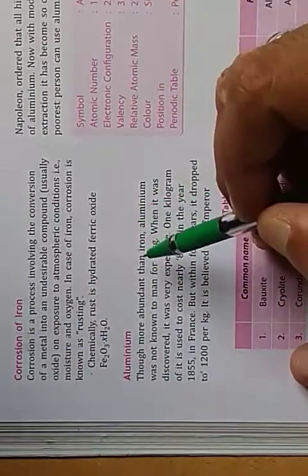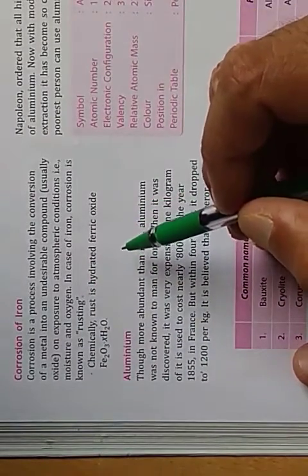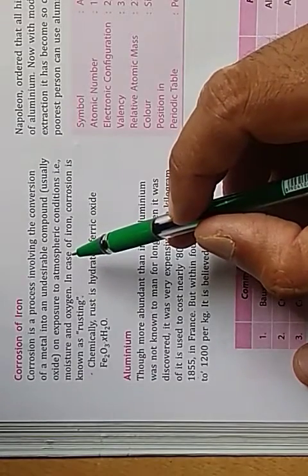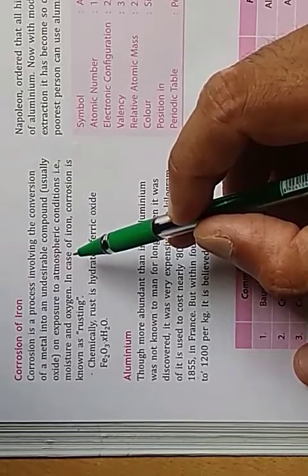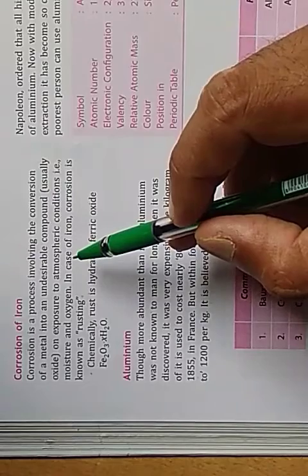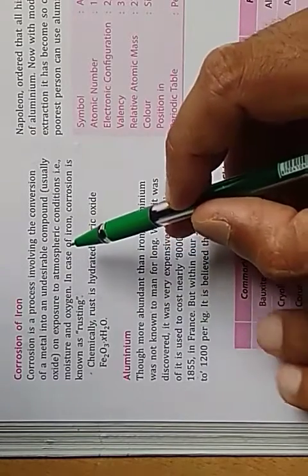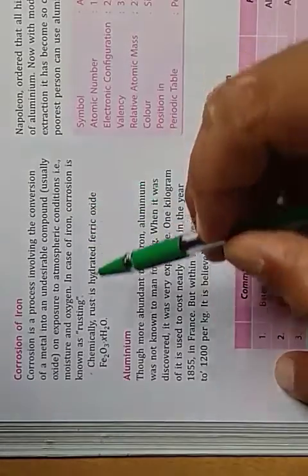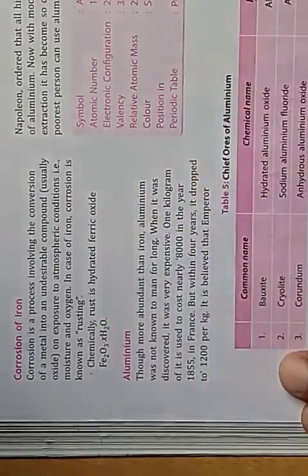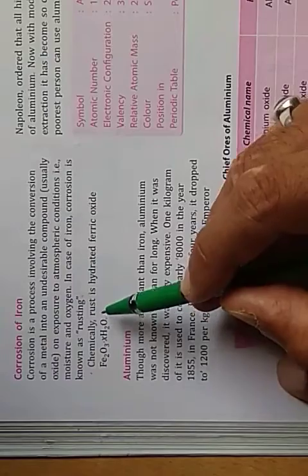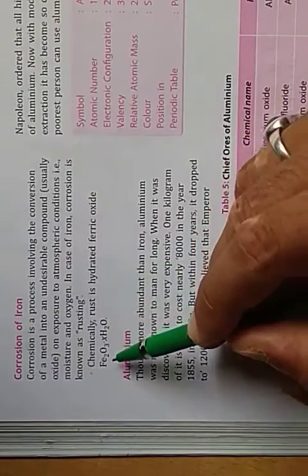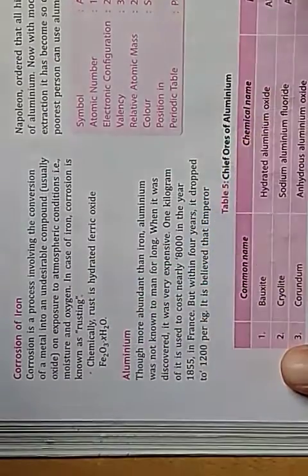In that case, the iron forms corrosion, and corrosion has an eating effect on the metal. In the case of iron, corrosion is known as rusting. Now the chemical formula of rust is Fe2O3.xH2O.